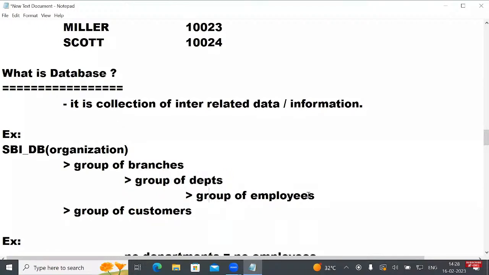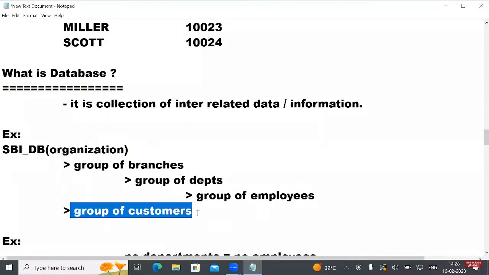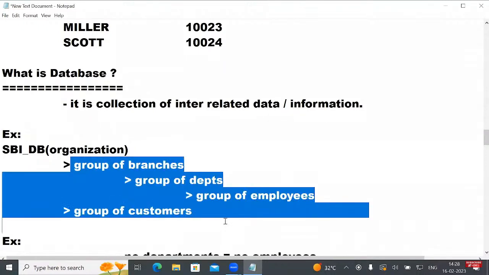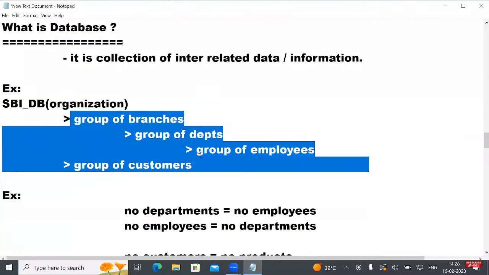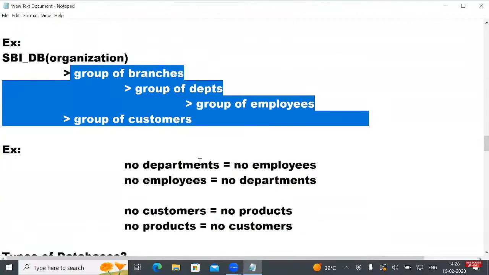A department is a group of employees, so I store employee information. The organization also interacts with customers, so I store customer information. All of this relates to the banking sector, so it is interrelated information stored under a particular database. Interrelated means dependency on each other.